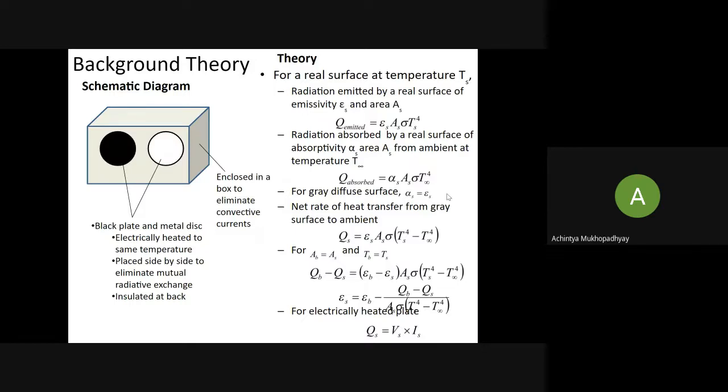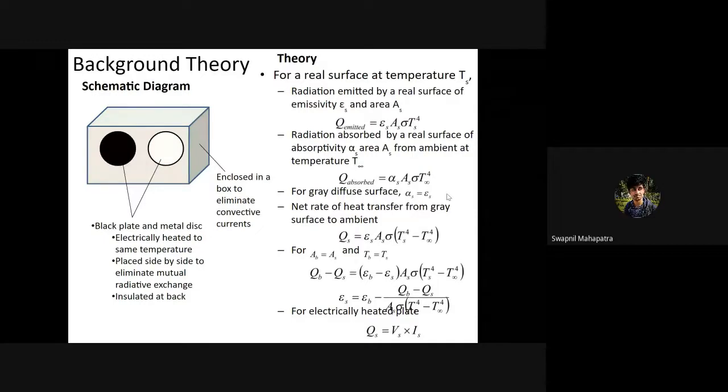So when we are talking of hemispherical total emissivity and hemispherical total absorptivity, they will be equal if the radiative properties are independent of wavelength and direction.